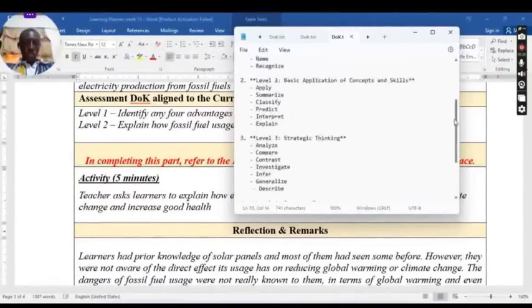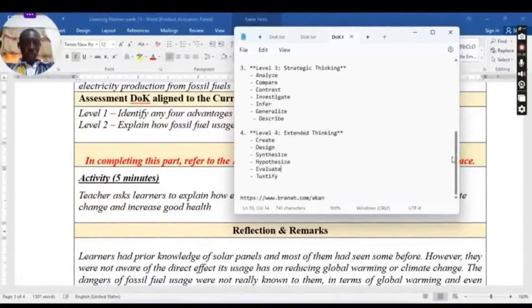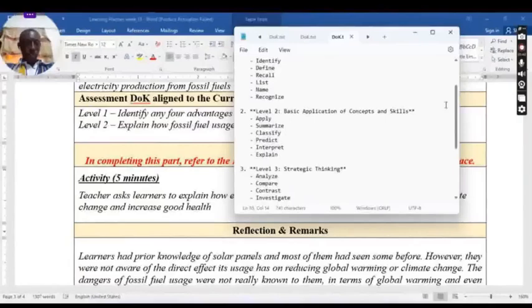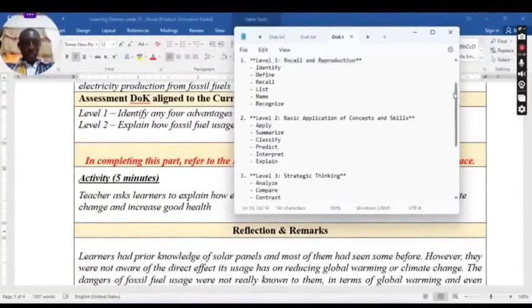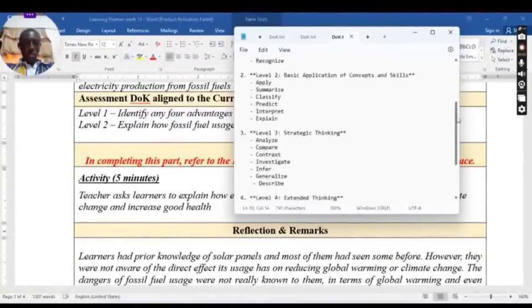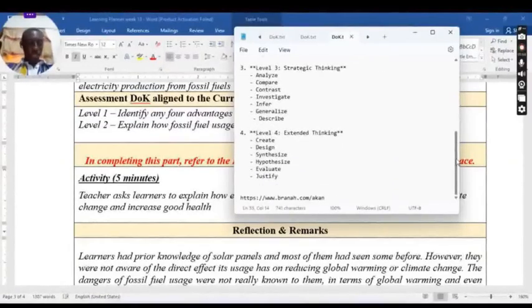So I suggest that you have a list of these with you, so that when you are creating the assessment question, you can just come to this page, then you choose the words to create the different levels of the questions.